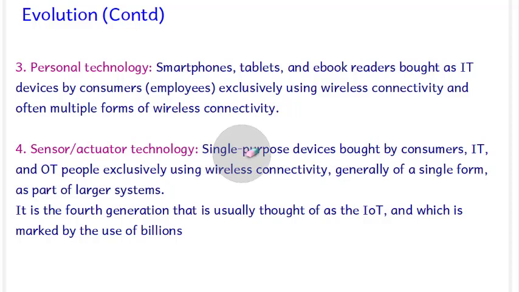They are brought by consumers, IT and OT people, generally with wireless connectivity, and they are part of larger systems. This particular generation is usually thought of as the IoT, marked by the use of billions of devices.